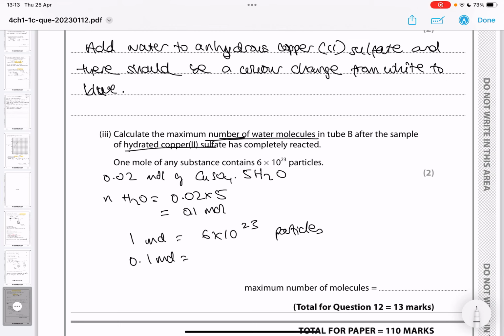So you just multiply by 0.1 both sides. So 0.1 multiplied by 6 times 10 to the 23 should give you an answer of 6 times 10 to the 22 particles. So the maximum number of particles that form is 6 times 10 to the 22.